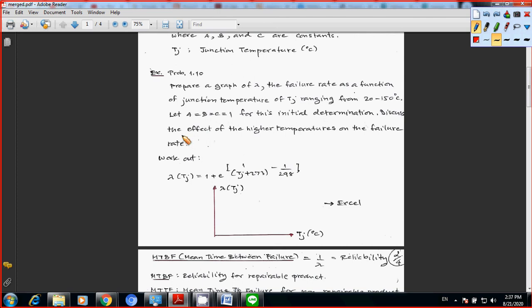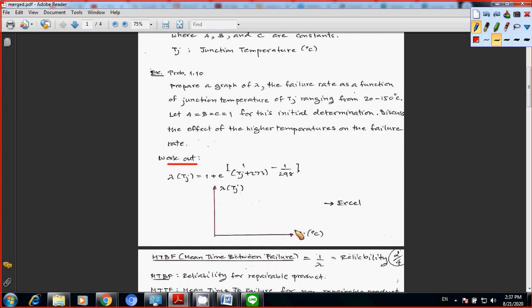So let's work it out. From the Arrhenius equation, you have lambda equal to 1 plus exponential of (1 over Tj plus 273, minus 1 over 298). And that's what you expect to plot. You can use Excel.